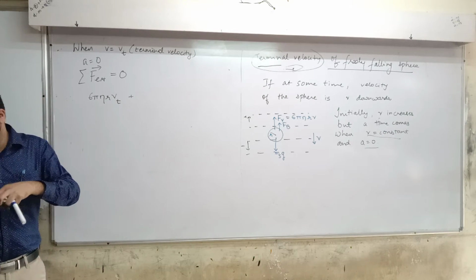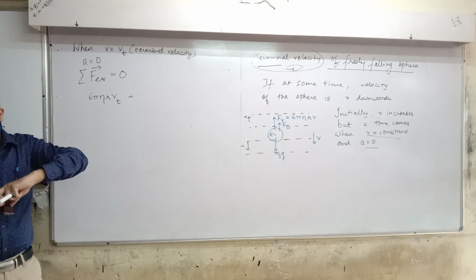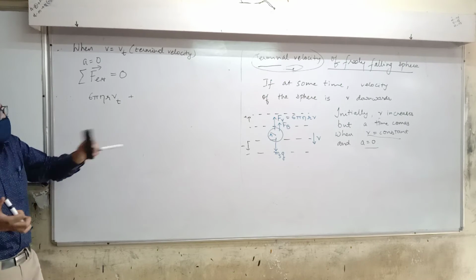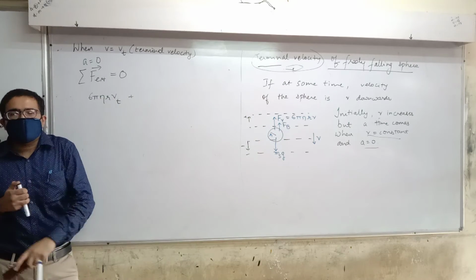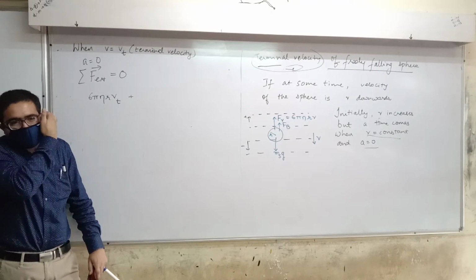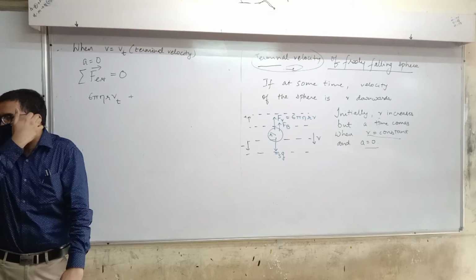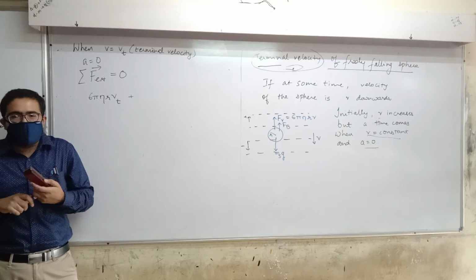Raise your hand. Do you remember Fb's formula? No punishment. Okay, don't worry, even if you get it wrong. Do you remember Fb? I'm going to put Fb here. Okay, I was expecting that everyone would be knowing it, but still not. No problem. A few days more, you will know. Alright.